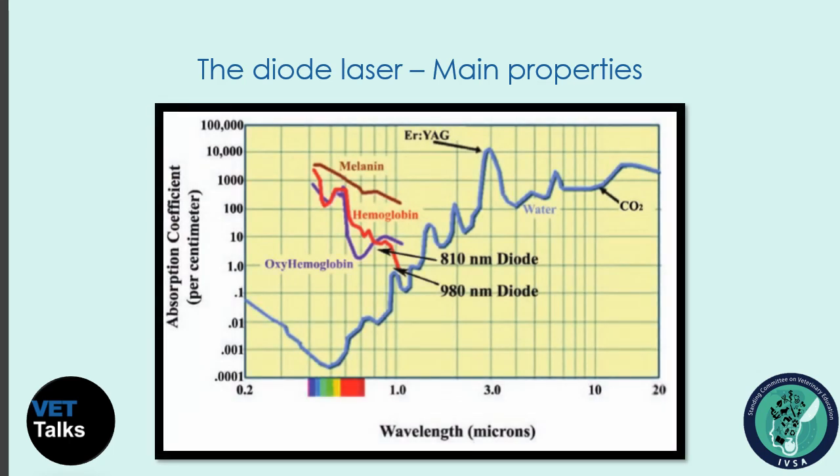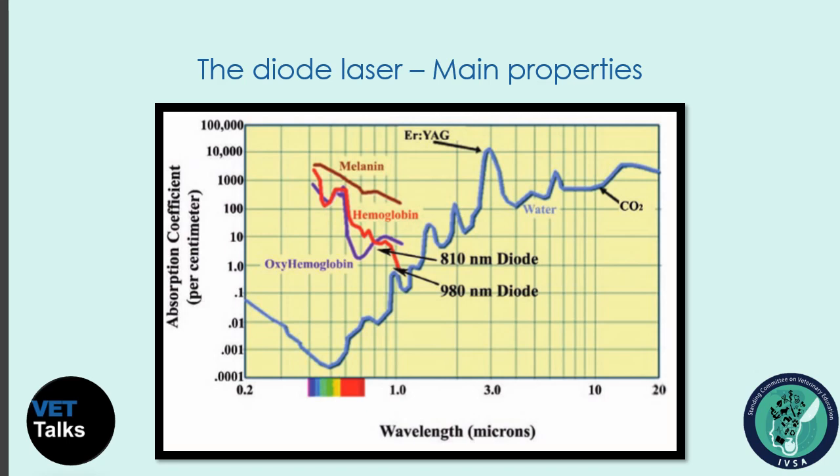So as we can see in the graphic, we have a lot of components that are absorbed according to the wavelength that we use. So we can choose the wavelength according to the target tissue and the effect that we want to produce in that tissue.